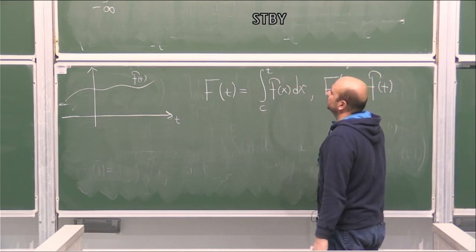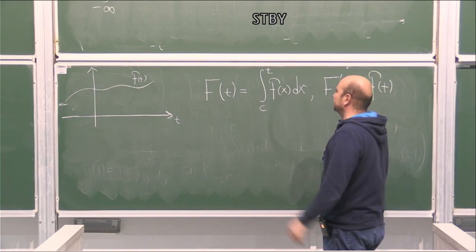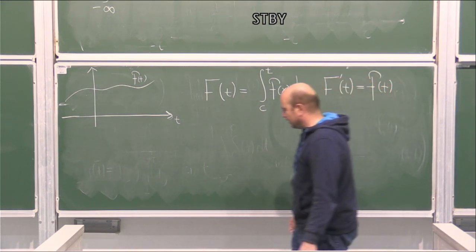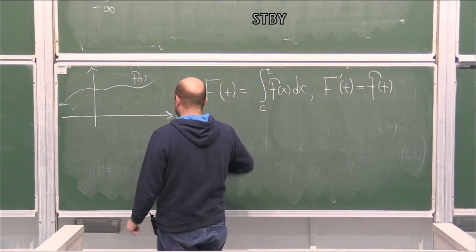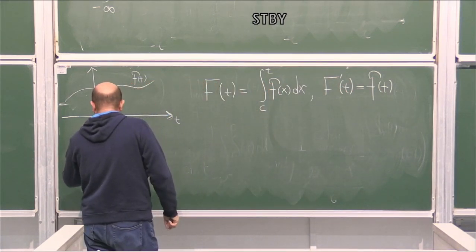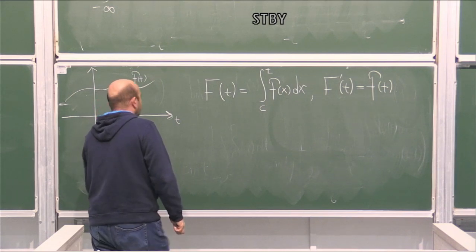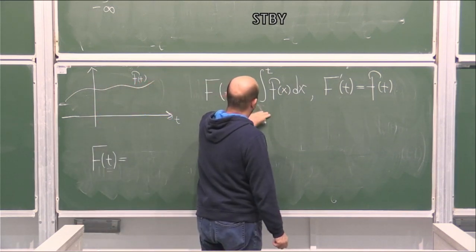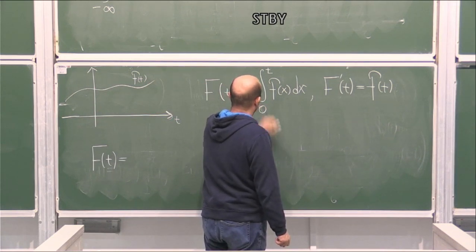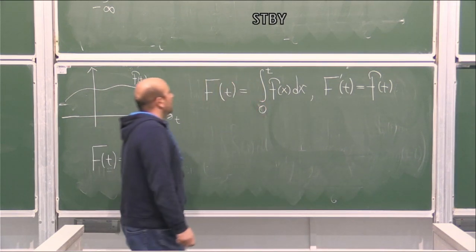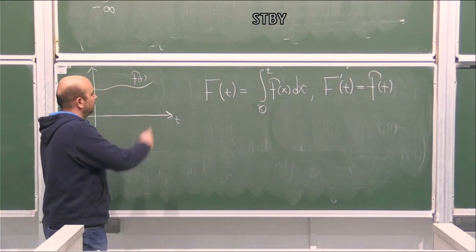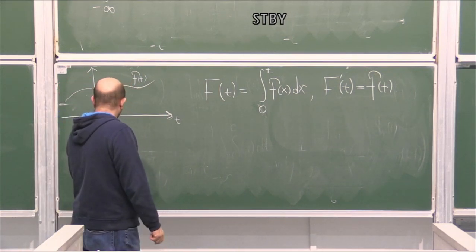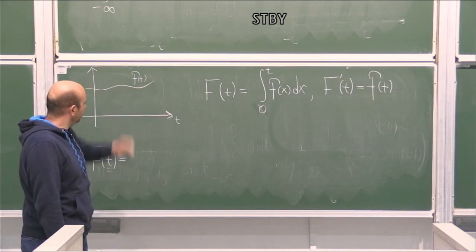So if you do this now for the delta function, and try to find an antiderivative for it, what do we get? It's all about defining this, and let me just make it 0, not so crucial, or from a to t.